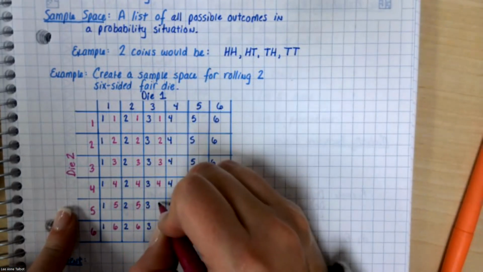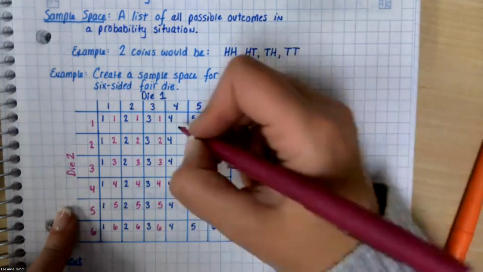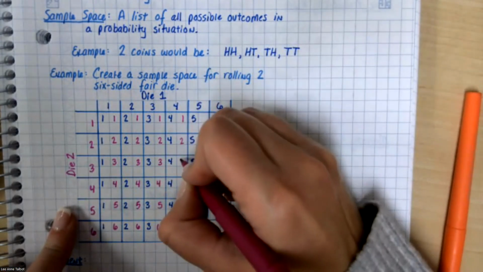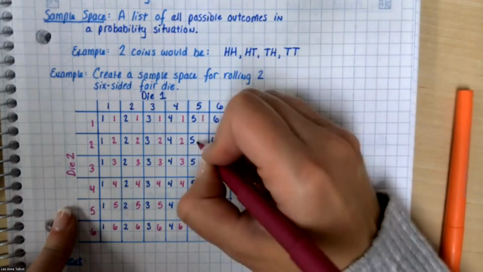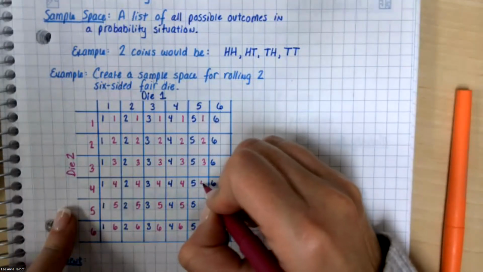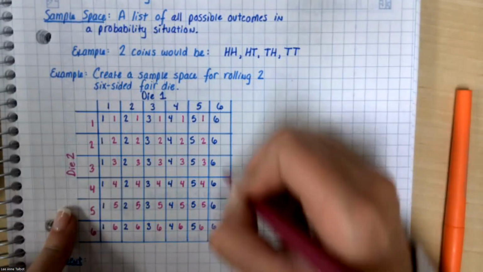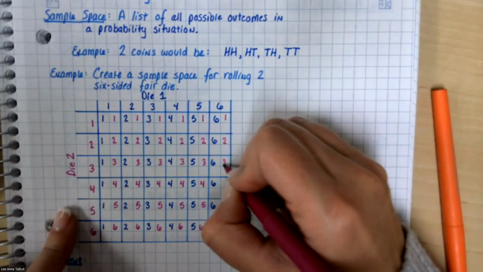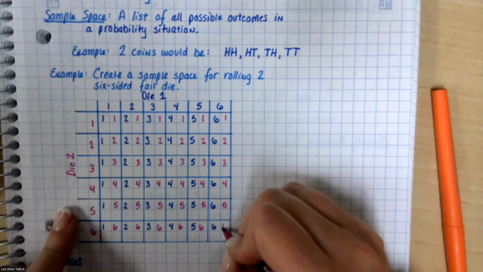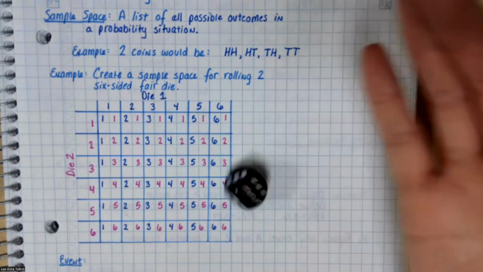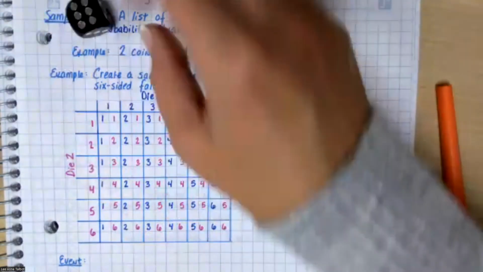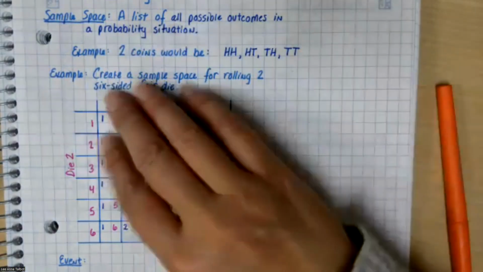And this will give us all possible combinations. This is all different possible dice rolls for two dice, which is definitely not this guy, which is not fair. He's just really happy to roll six.